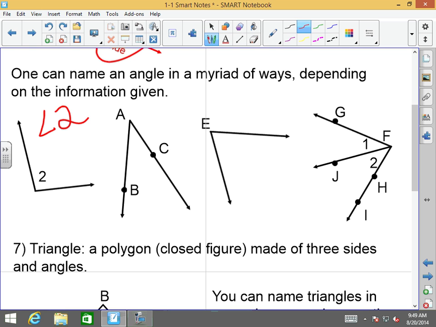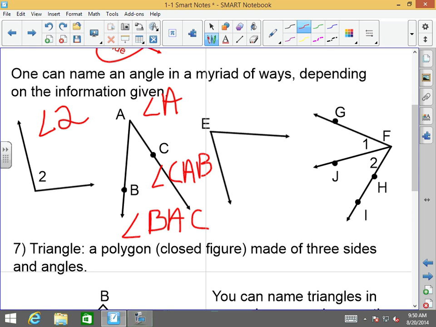In the second figure, my friends, the vertex is angle A. But we've got three different letters here. So I can call this particular figure angle A, or even better, because you have three, angle BAC, or angle CAB.